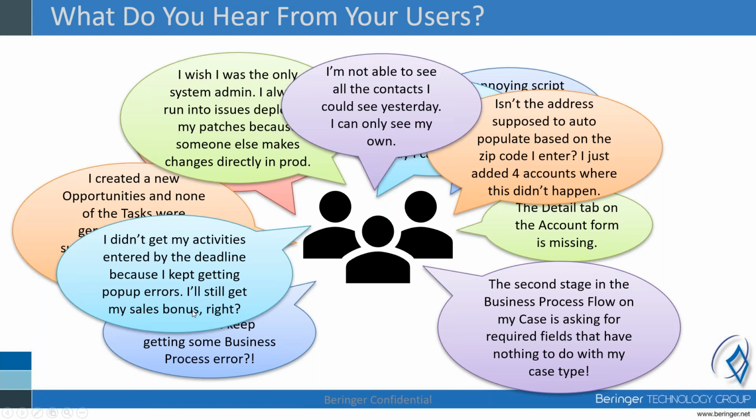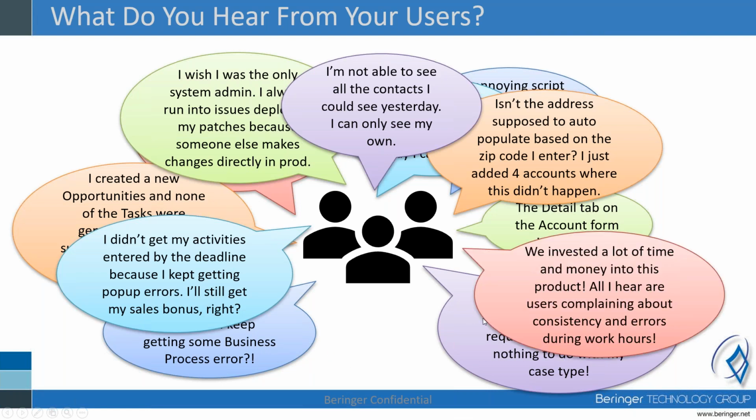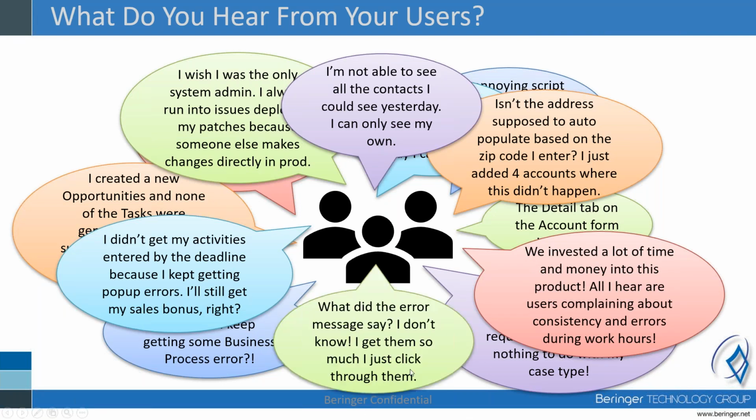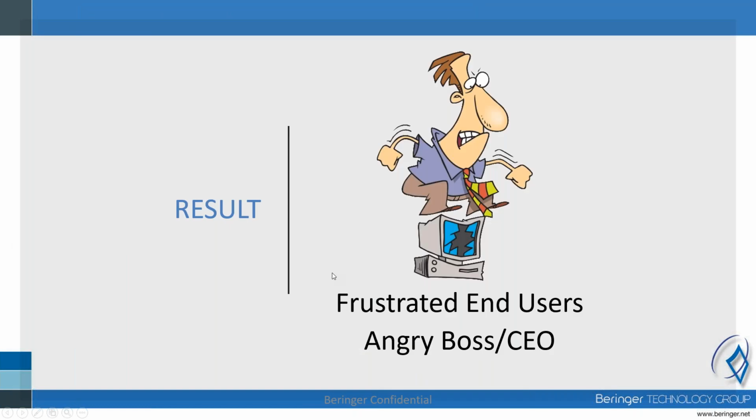Sales guys aren't getting their bonuses because they can't enter activities. The CEO invested a lot of time and money into this product, and all users are doing are complaining. So these are just some pain points from the user point of view when you do try to make changes directly in production. Your result is very frustrated end users and an angry boss or CEO.